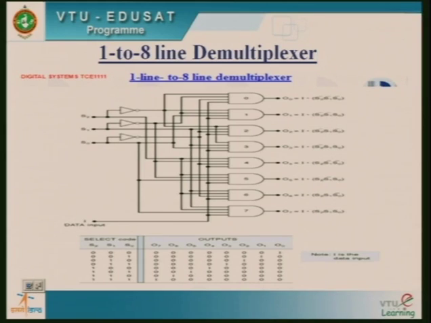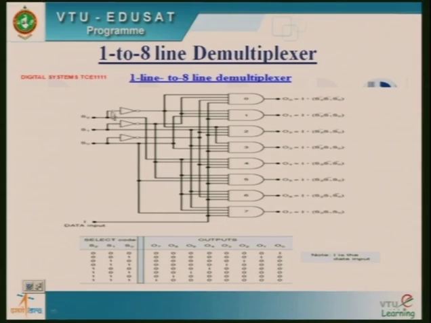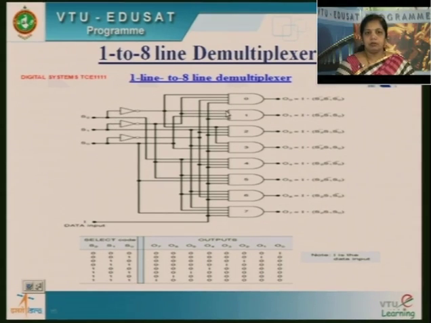So this is once again the 1:8 demultiplexer. You can see 8 combinations over here. So 8 AND gates, 3 inputs. One data input is connected to all AND gates, and we have complemented inputs also. Based on these combinations, one of the outputs will be high. So if it is 0 0 0, your O0, that is the first output, will be enabled.